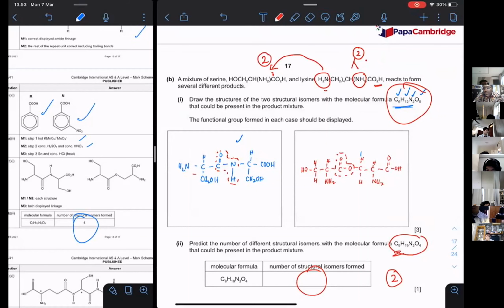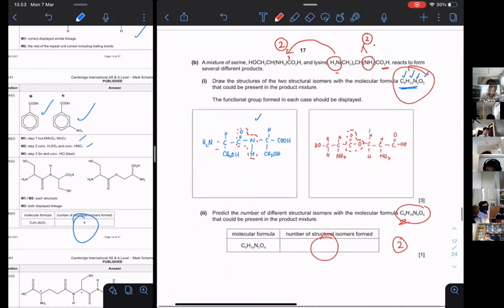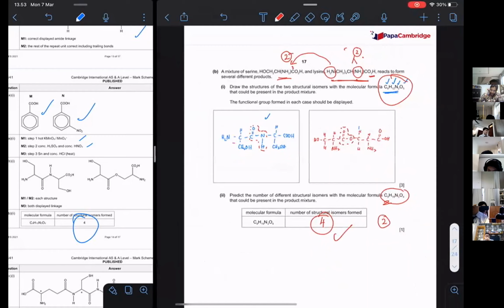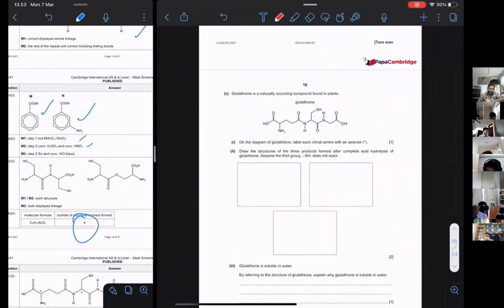So this is going to give you a total of 4 structural isomers, because it's C9. Within itself, or you are going to join with this and this, so 2 and 2, total 4. Okay, now next question.